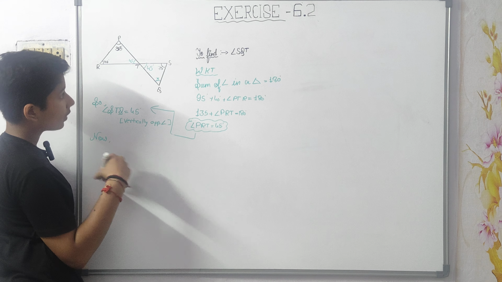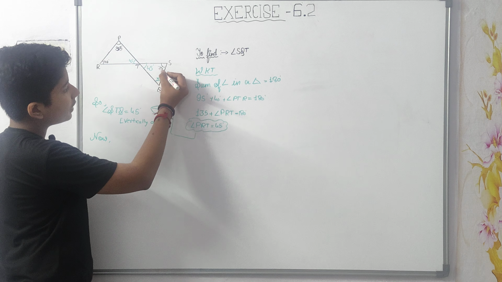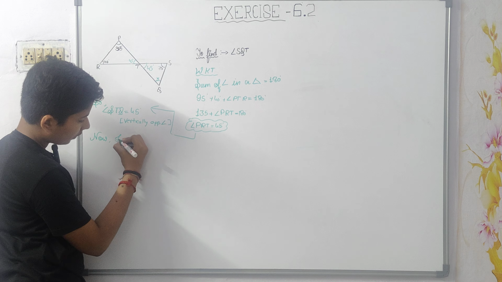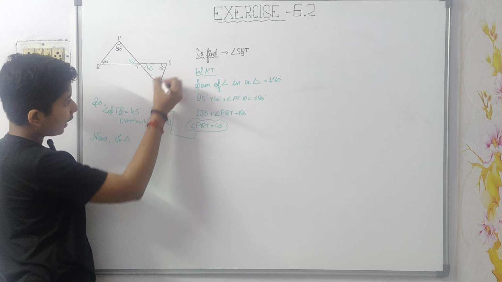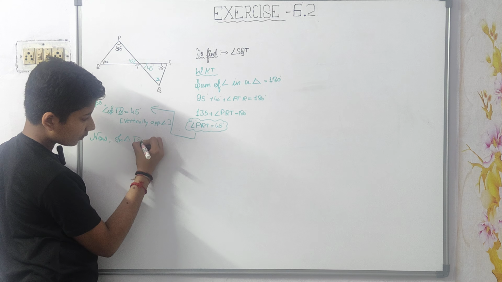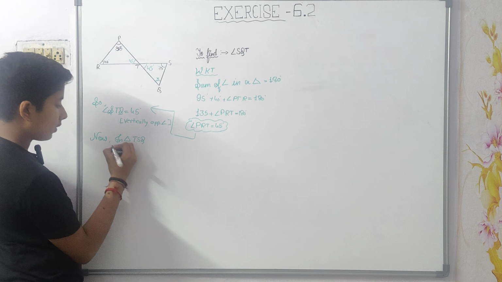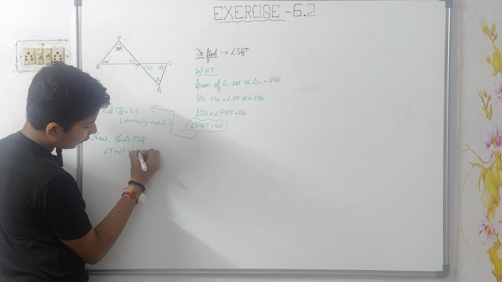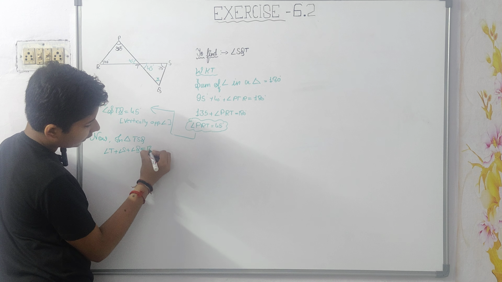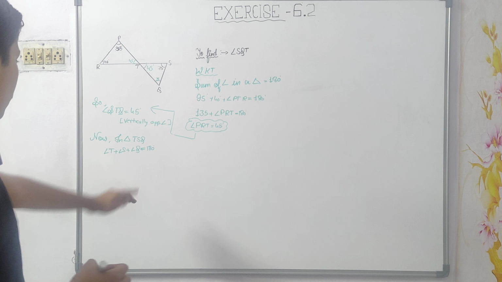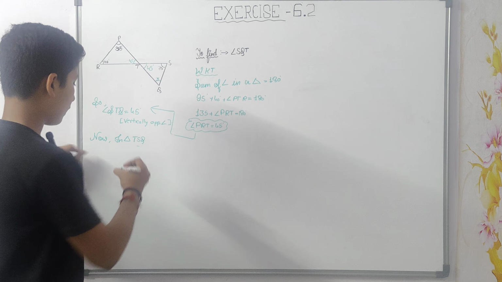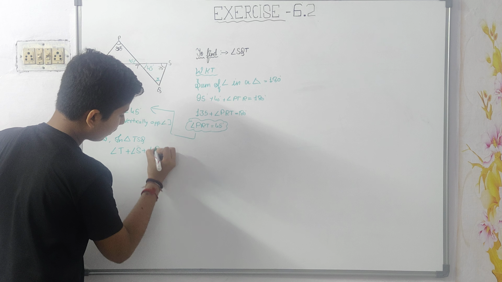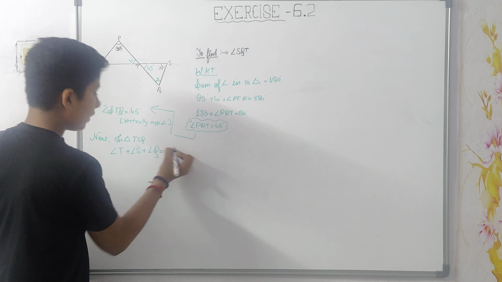Now we know that this angle plus this angle plus this one will also be 180 degrees, as it is a triangle. In triangle TSQ, angle T plus angle S plus angle Q equals 180 degrees.